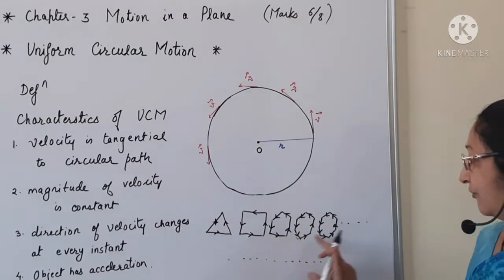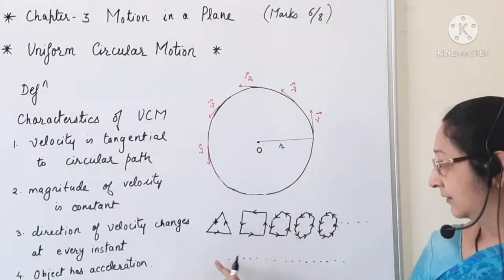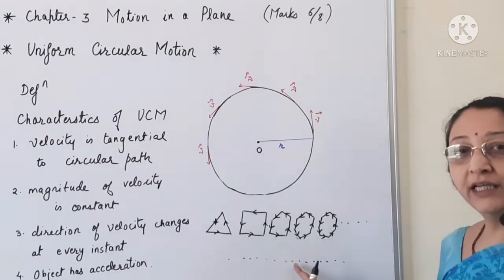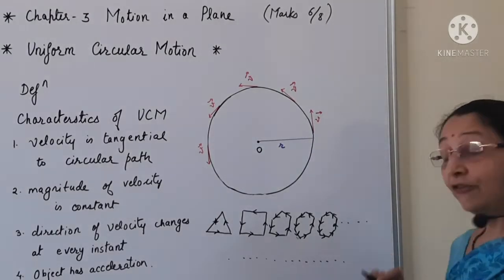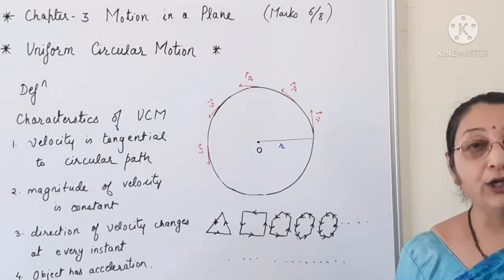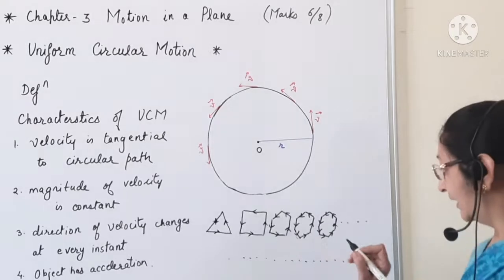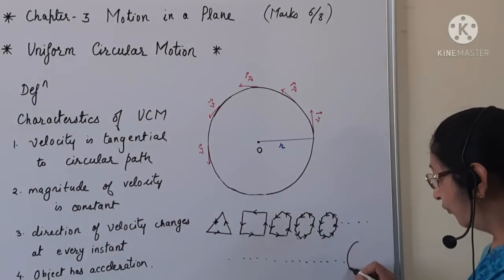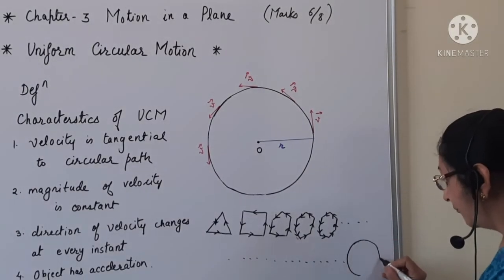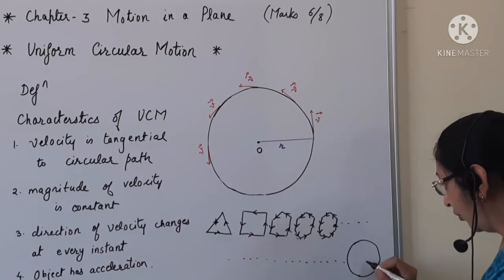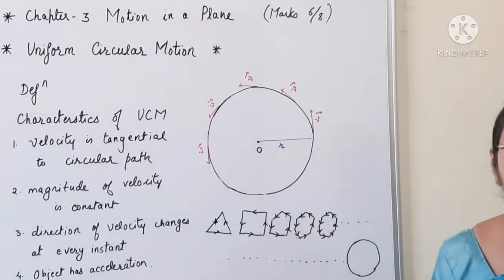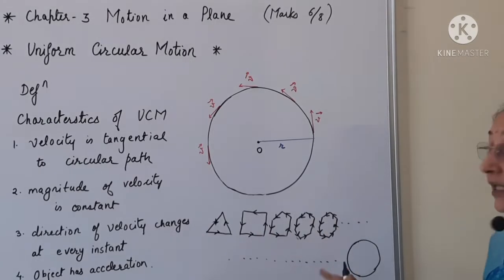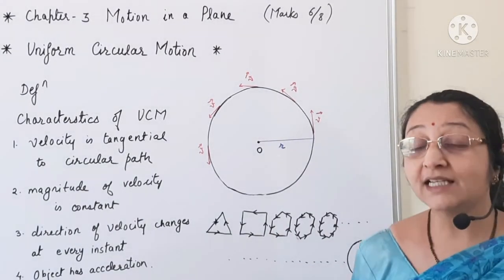Now if I go on increasing the number of sides of a polygon, if the number of sides is 1 lakh, then how would the figure of the polygon be? It would be like a circle. So what is the circular motion?